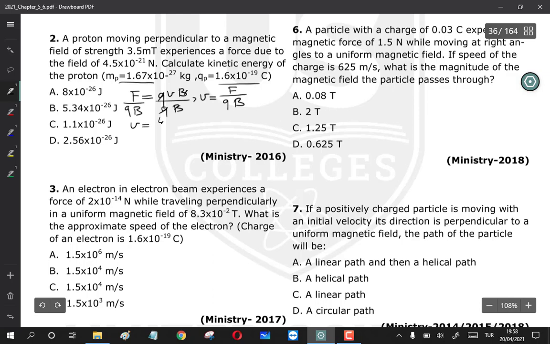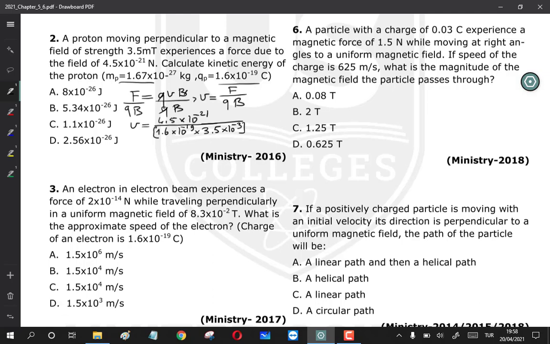Force is given 4.5 times 10 to the power of negative 21. Charge of the proton is given 1.6 times 10 to the power of negative 19. Magnetic field is given as 3.5 millitesla, but every millitesla is 10 to the power of negative 3 tesla, so you should multiply millitesla by 10 to the power of negative 3 to convert to tesla.